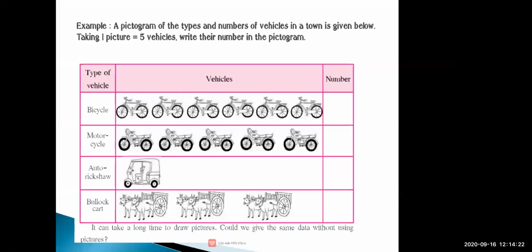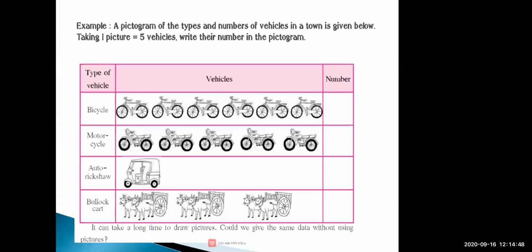The first example is a pictograph of types and numbers of vehicles in a town, given below. In our previous class we did the books, science, maths, and the last chapter was pictograph. We also did the sum questions.